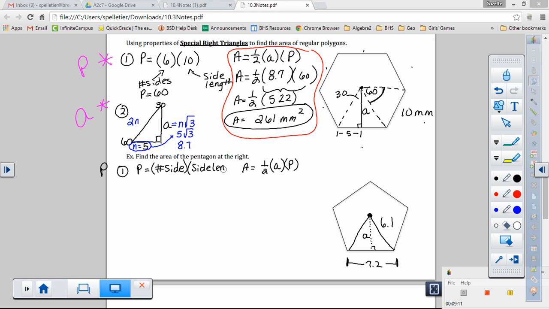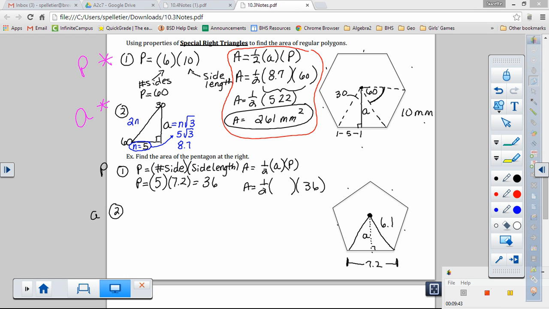That's how you find perimeter. So, perimeter equals number of sides, 1, 2, 3, 4, 5. 5 sides. So I have 5 sides, and each side is 7.2 in length, which gives me a perimeter of 36. Okay? So, area equals 1/2. Put my 36 in here for perimeter. Step 2, find the apothem.